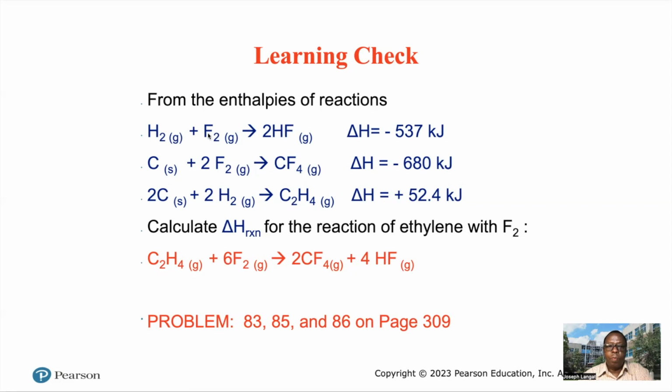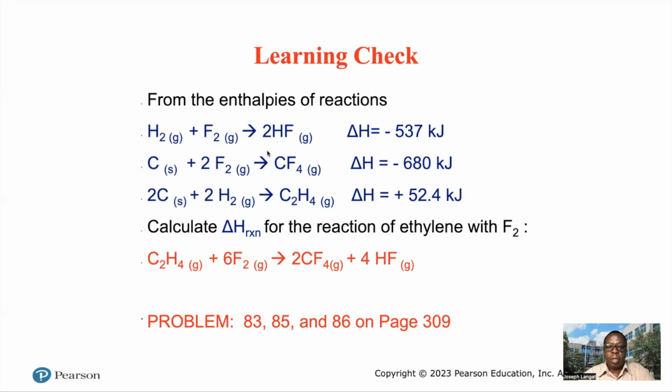Fluorine gas in thermochemical equations 1 and 2 is on the reactant side, so we don't need to change. We don't need to flip, because if we flip, that means the fluorine gas will be on the product side in the overall. So the first and the second equation, we don't need to reverse. We need to reverse only the third one.